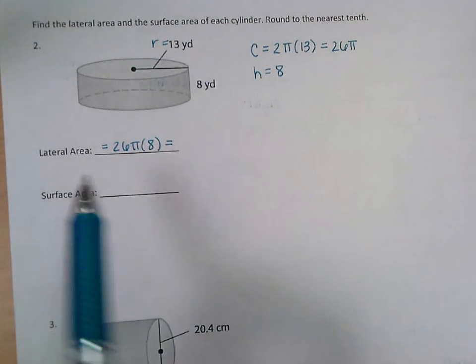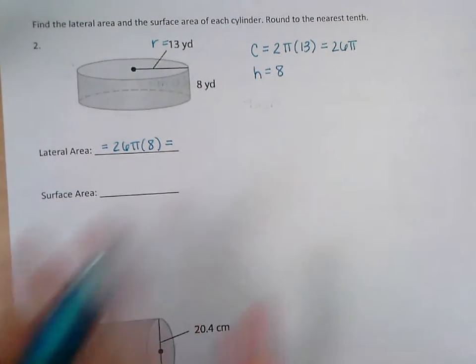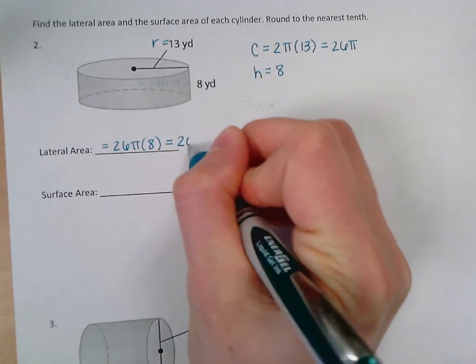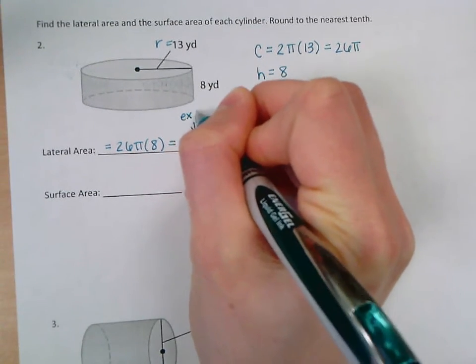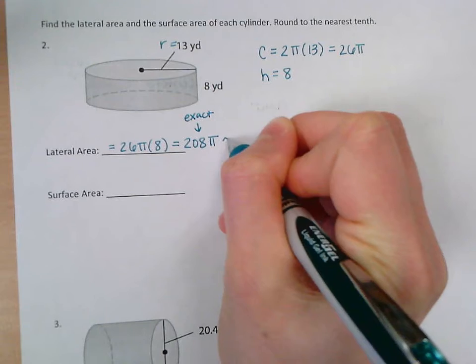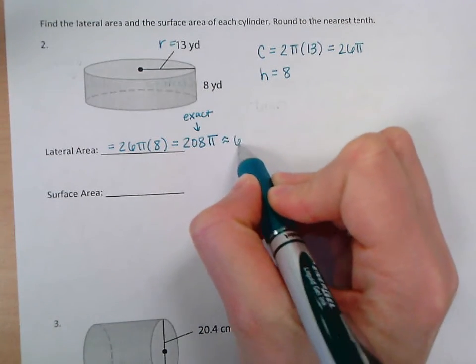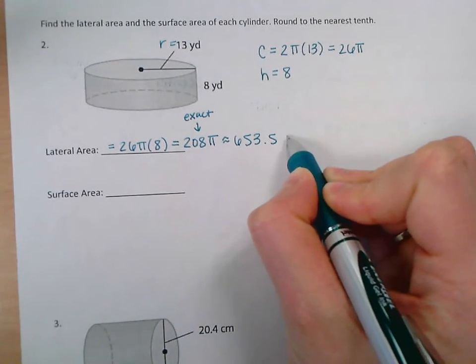And because I'm giving this as an answer, if you have this rounded, it's okay. What I'm actually going to do, I'm going to do 26 times 8. So the exact answer would be 208 pi. And then if I actually multiply 208 by pi, 653.5 approximately is the rounded, and that would be yards squared.